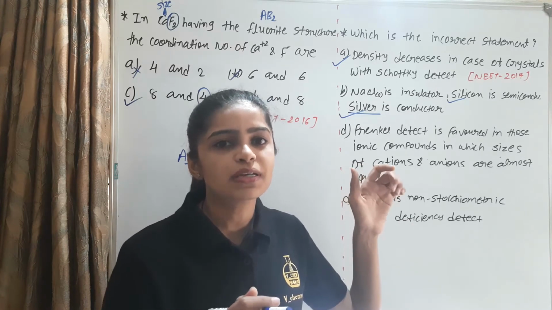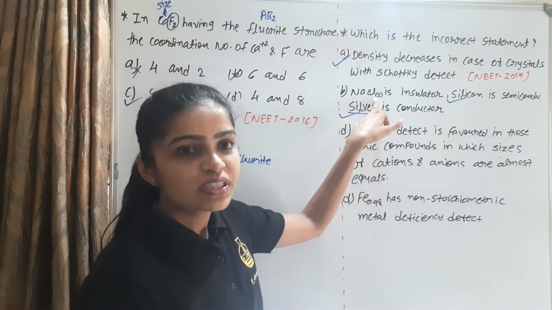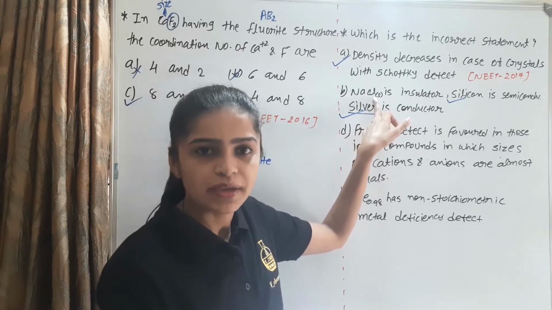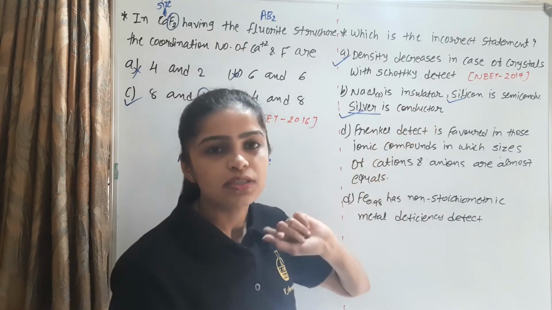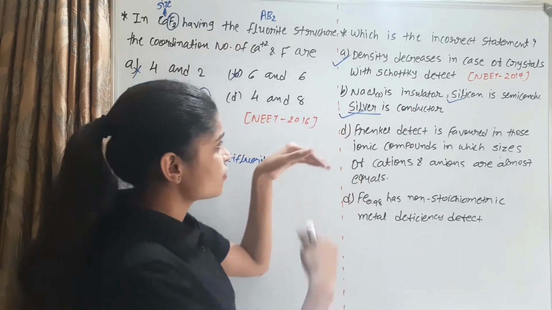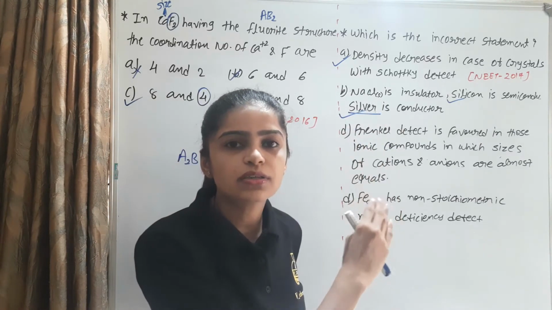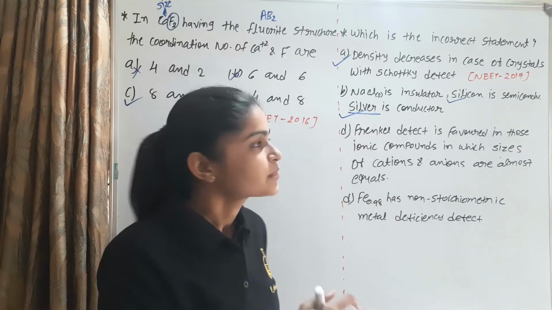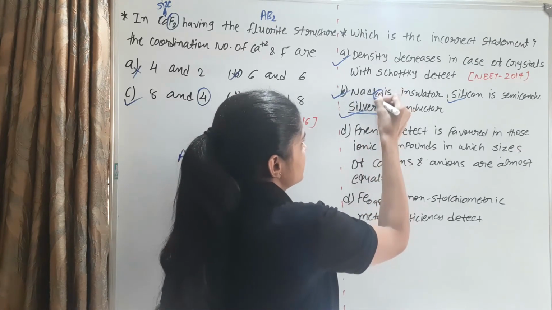In the solid state there is no movement of the ions. When ion movement is absent, it acts as an insulator. But in the given option, NaCl in liquid state is a conductor of electricity. This is the right option because NaCl in solid state is an insulator.